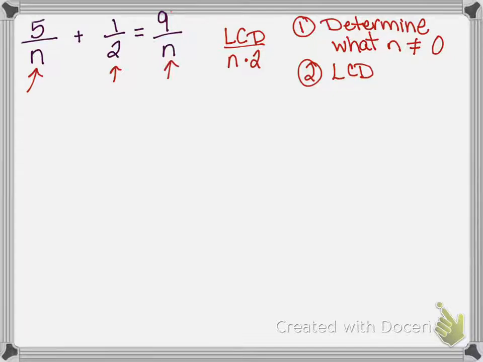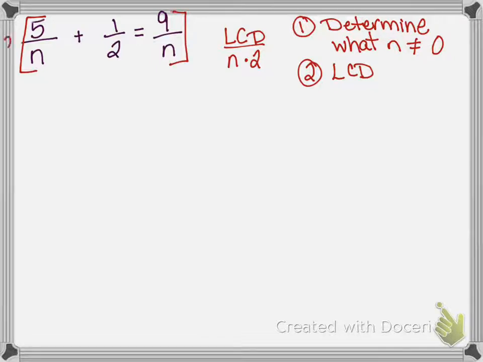I'm good. I don't have to write it down again because it's already accounted for. So, now that I have my LCD, my next step is to multiply everything by that LCD.